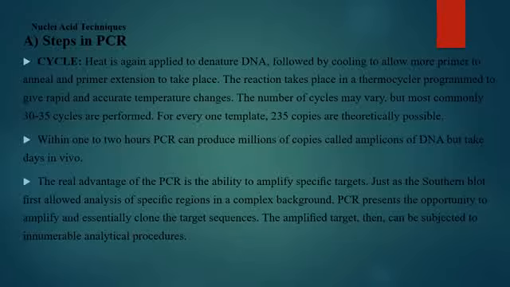That's like 235,000 copies more of each has been produced. Now within 1 to 2 hours, PCR can produce millions of copies, which we are calling amplicons of the DNA. But if you want to do the same in vivo, it will take a very long time.